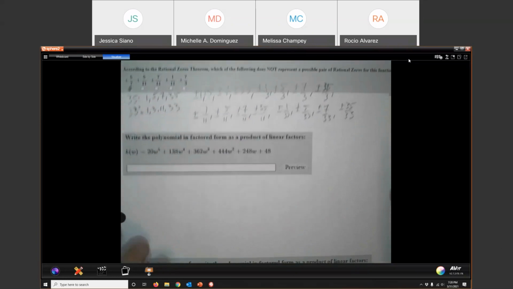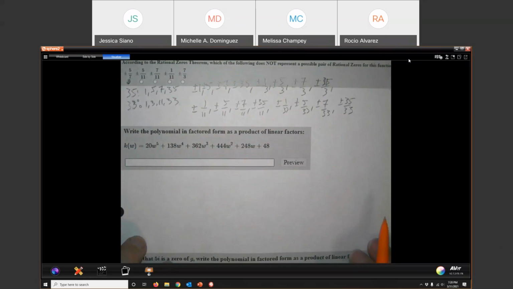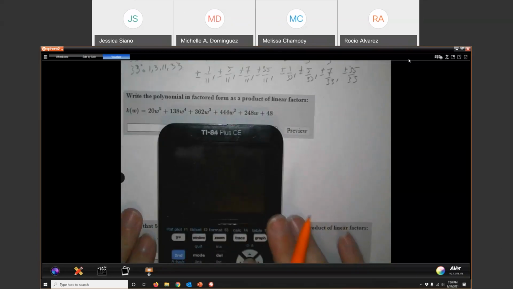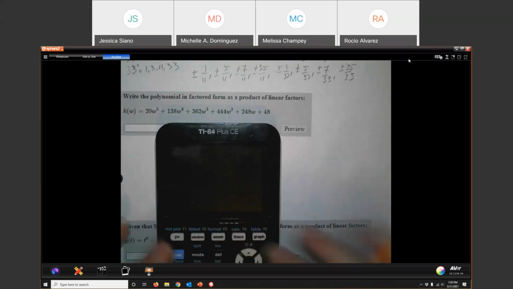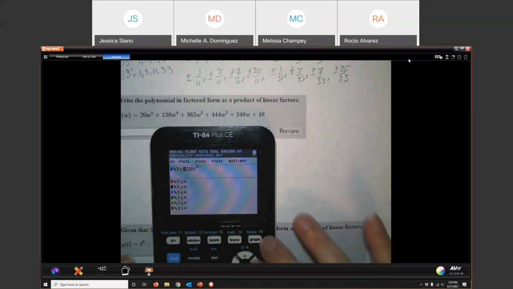All right, so then if we are writing a polynomial in factored form, the first thing we should always do is graph and try to see what information we can get from the graph. Next to the fifth.